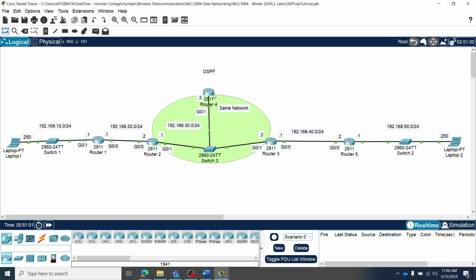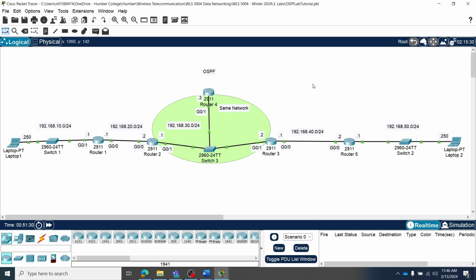Okay, so in this video we went through how to configure the IP address in all of these routers, how to configure the IP address and the default gateway on the laptop, and then we configured OSPF on all of the routers.